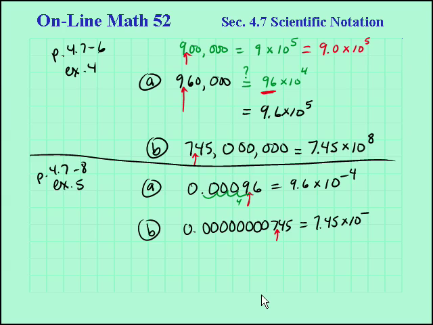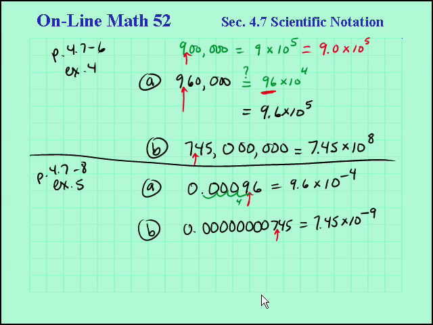I had 8 zeros here, and those 8 zeros take us right up to the 7, but we want to go one place beyond it. So 8 zeros, and then one extra place beyond it makes 9 places in all. And so that's why this is going to be 10 to the negative 9th power. 7.45 times 10 to the negative 9.